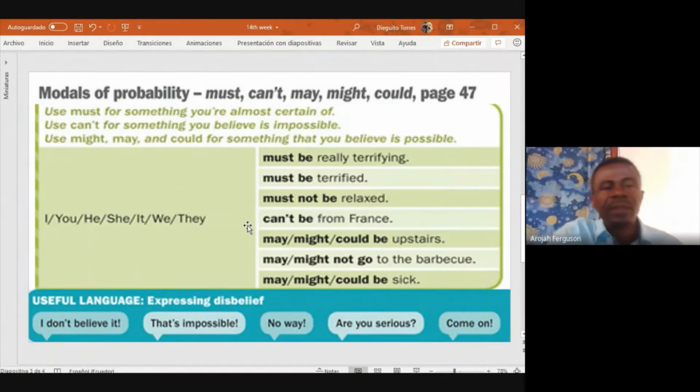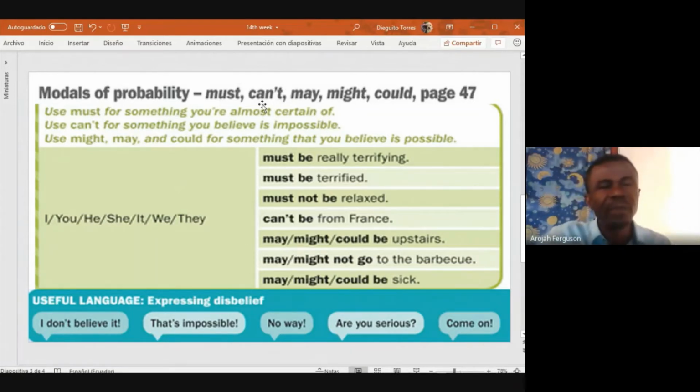Then for the instructions from the book, you use must for something you are almost certain of, something that you know will happen. So you use must. Then you use can't or cannot for something you believe is impossible, something that cannot happen.